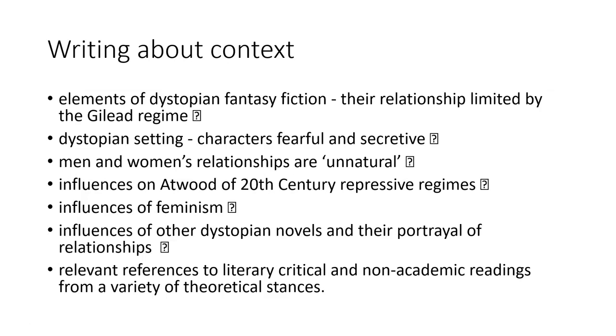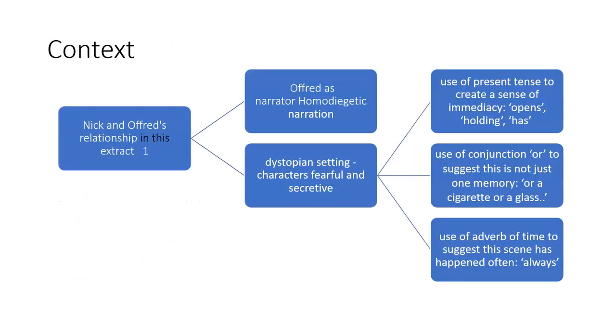So slides 13 to 15, like I say, are going to show you how I'd plan to include context. So for the first point that I was going to make, which is Offred as a narrator, you've got this dystopian setting and characters are fearful and secretive.